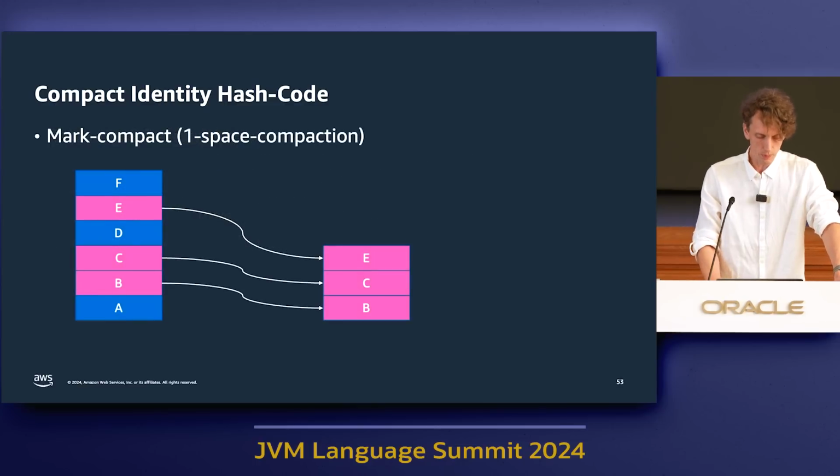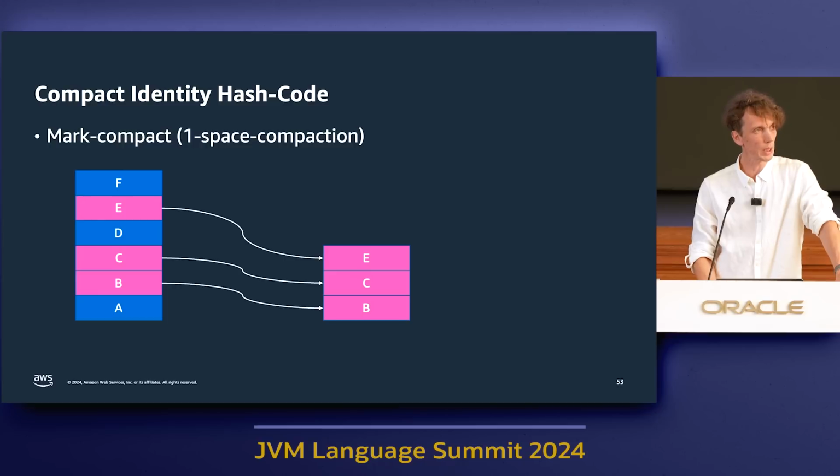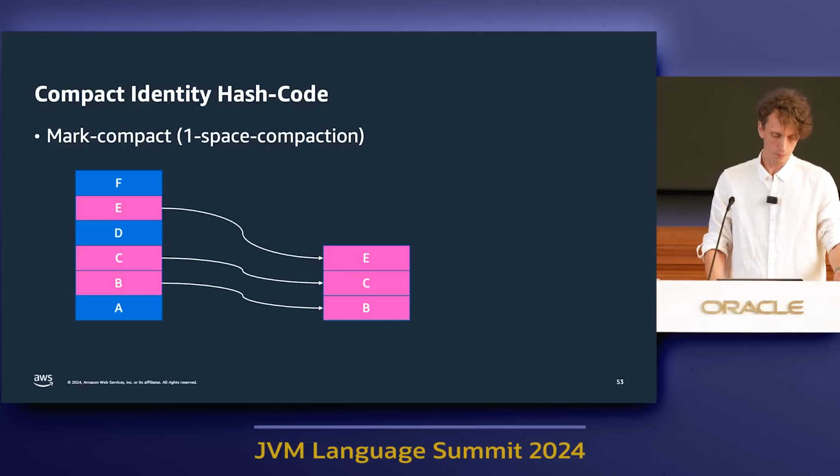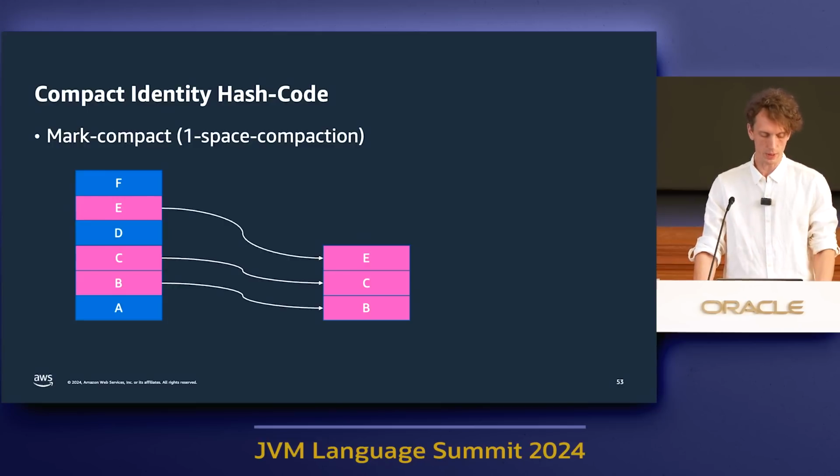So the most tricky algorithm is the mark-compact GC, which is basically a single space compaction, which is used as an old GC in serial and parallel, and also as a full GC in G1 and Shenandoah.